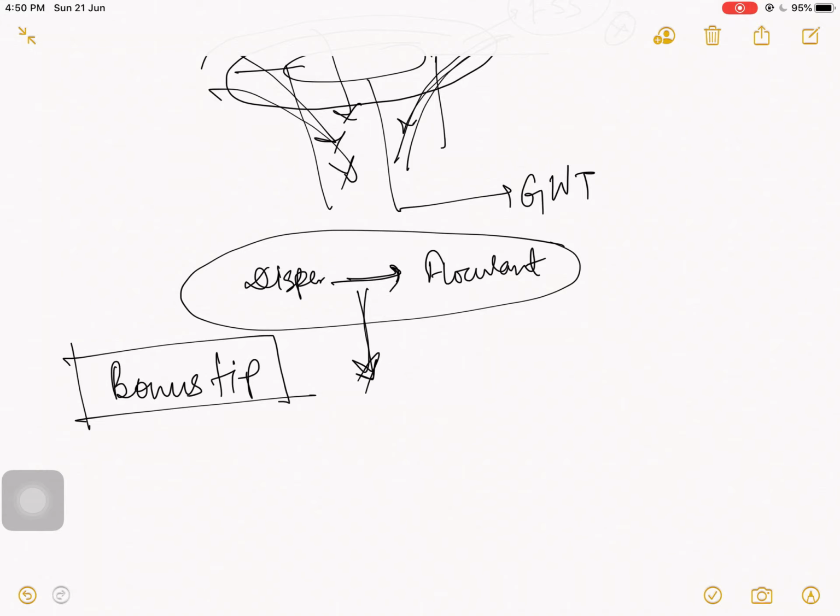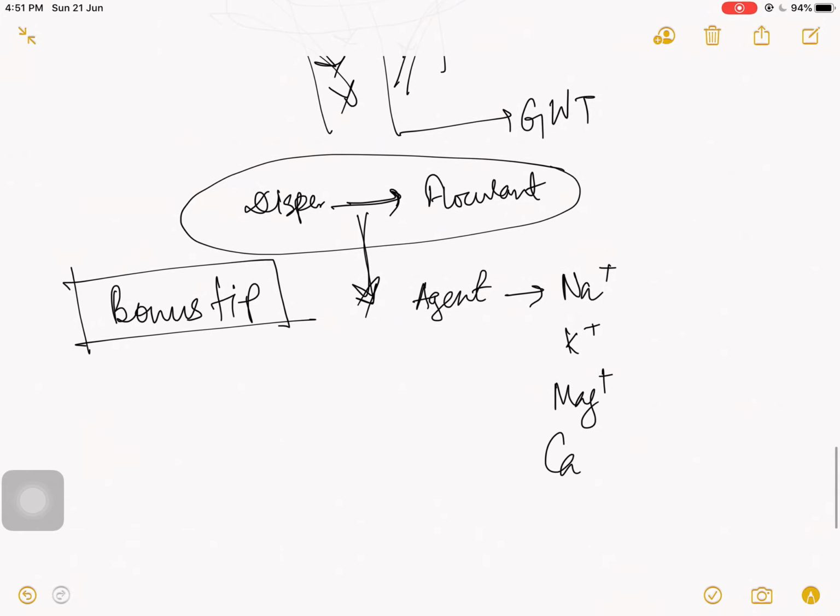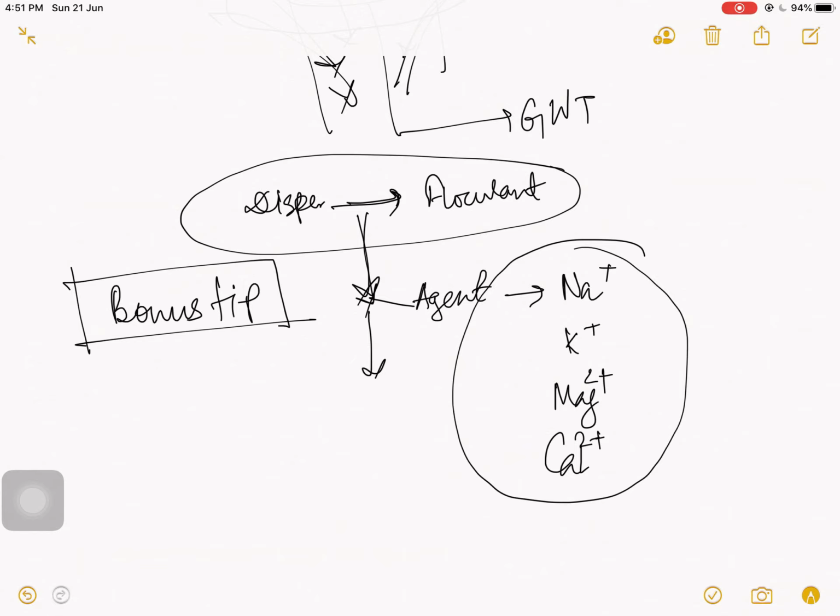Generally, in that situation, we mix some agents into the dispersed soil. Those agents are sodium ion, potassium ion, magnesium ion, and calcium ion. If you mix these agents into this soil, then the soil becomes flocculent.